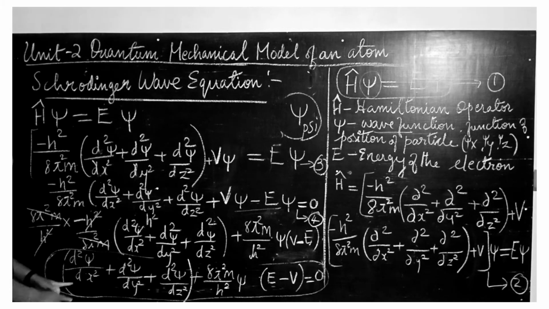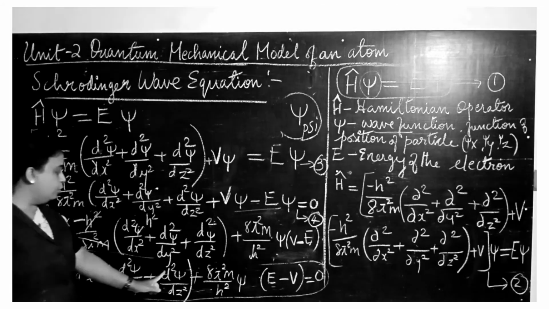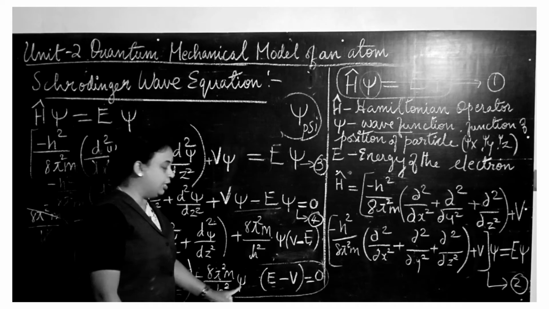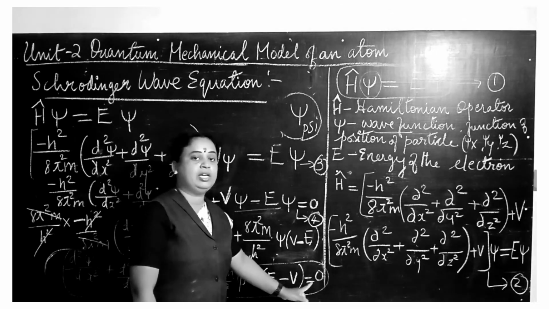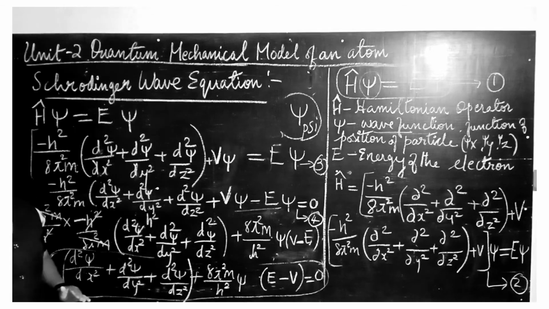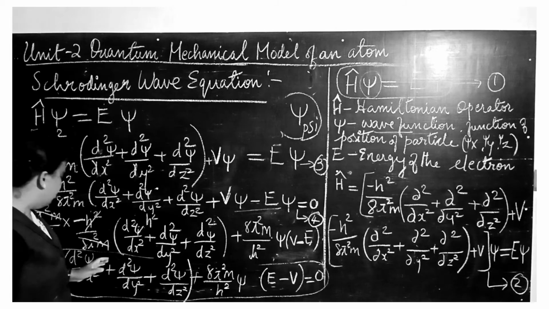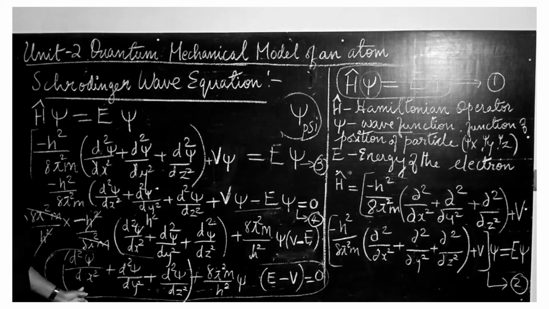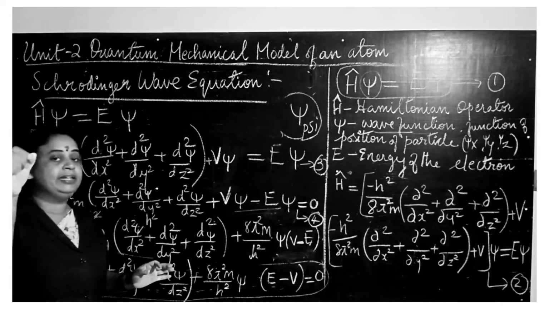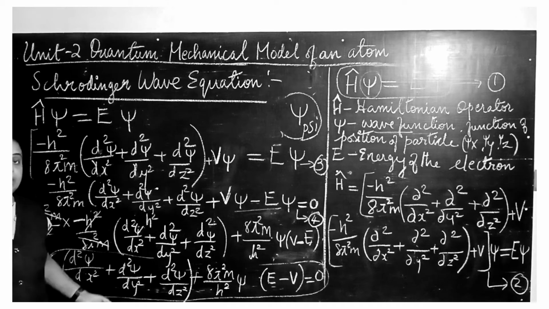Dou square psi by dou x square plus dou square psi by dou y square plus dou square psi by dou z square plus 8 pi square m by h square into psi into E minus V is equal to 0. So this Schrodinger wave equation does not depend on time as a variable. Fine. So here the variables are x, y and z, but no time. Letter t represents time. No time is considered as a variable here.